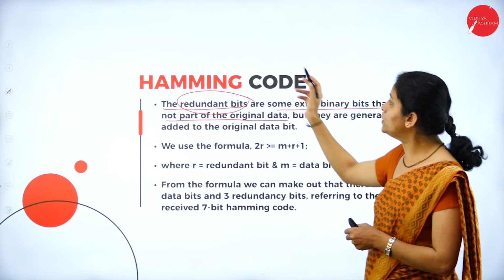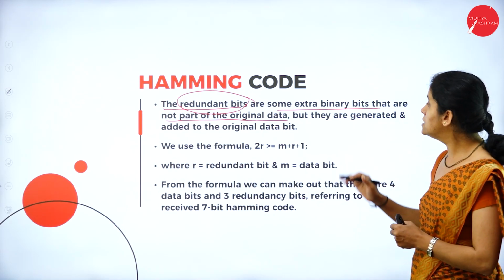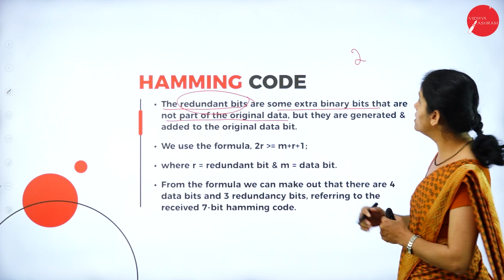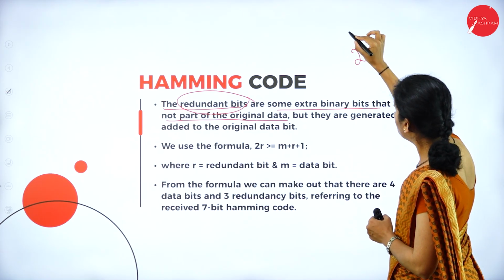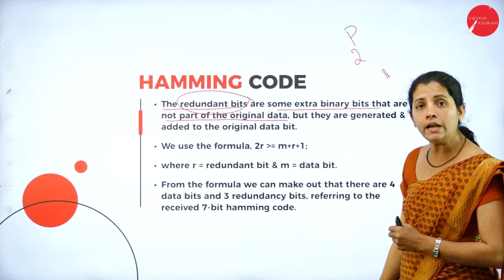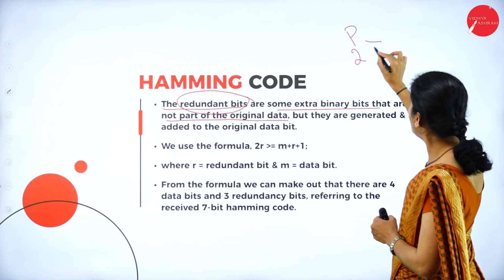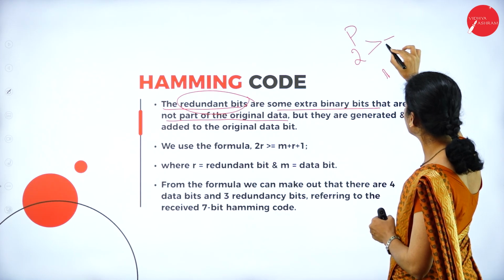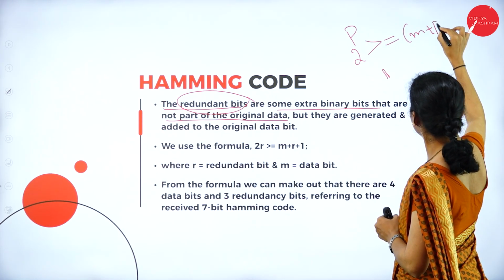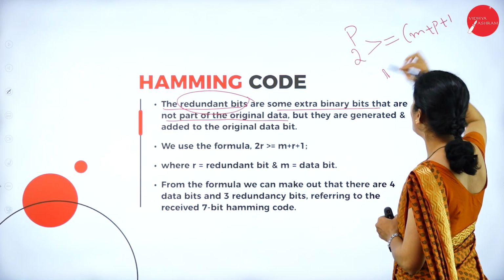Now, according to this Hamming code, what I require is 2 to the power P, where P is the redundant bit, must be greater than or equal to M plus P plus 1.